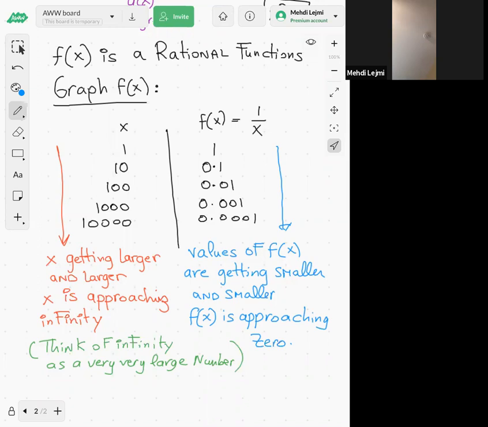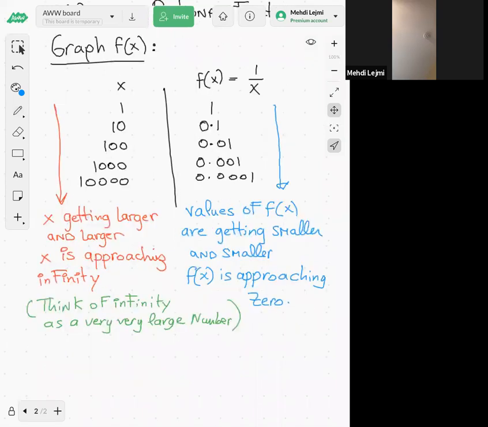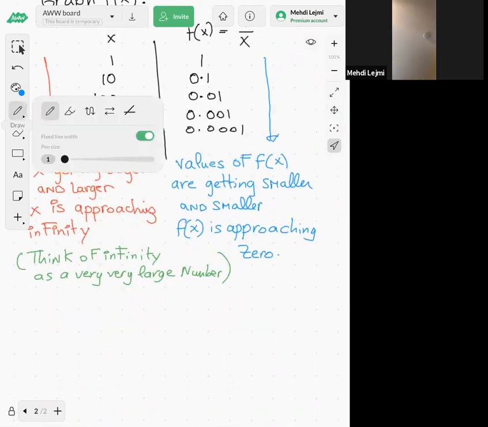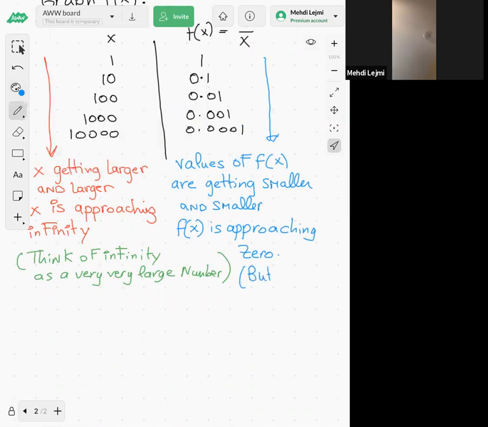This is really important. The values of f of x are very, very close to 0, but never equal to 0.